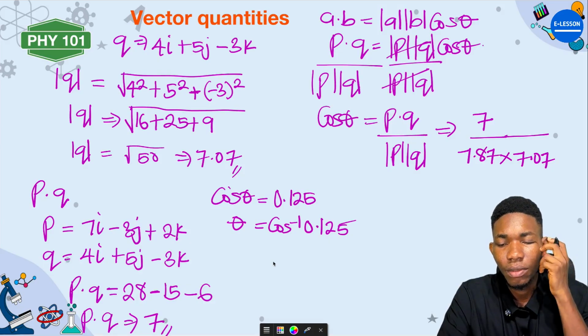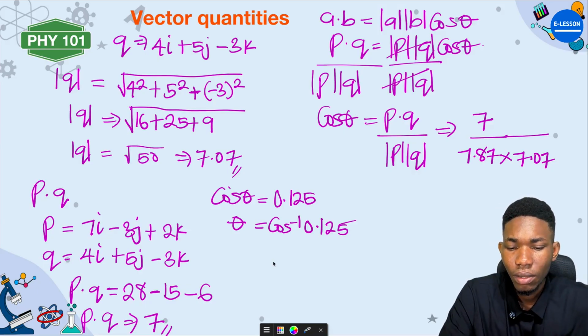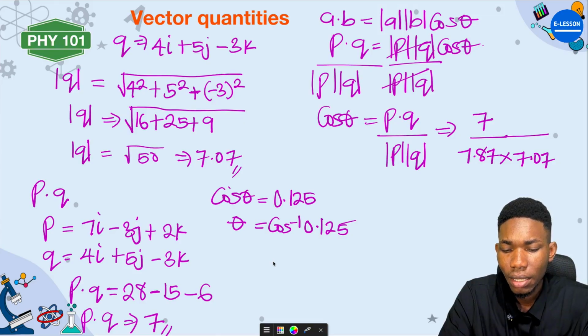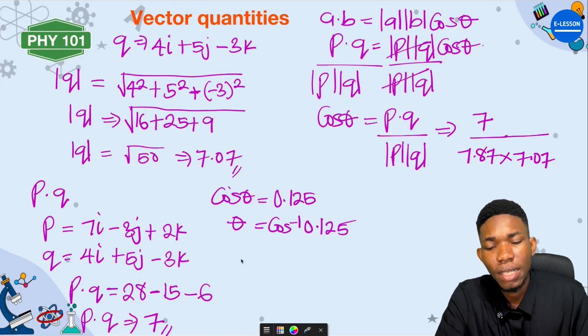Now, my dear students, our cos inverse of, are you sure? Okay, my calculator is in radians. Please endeavor to change your calculator to the right mode. It is in radians, so it gave me a very wrong answer. Press shift cos, and ensure that it's in degrees. 0.125, because I know the answer is 83.